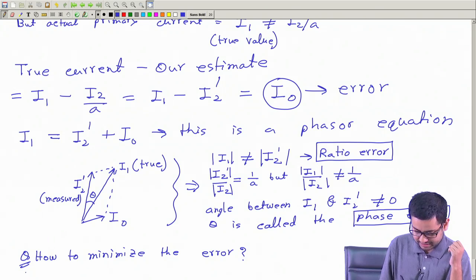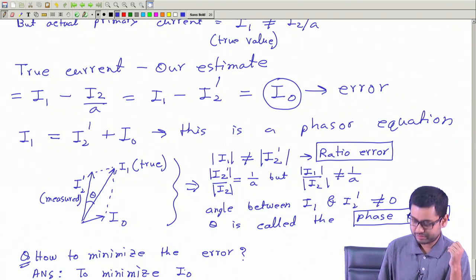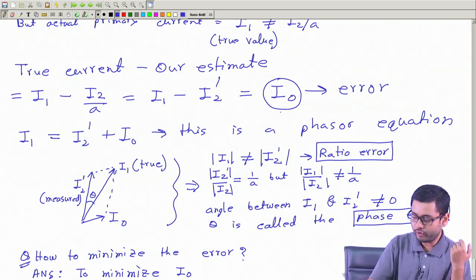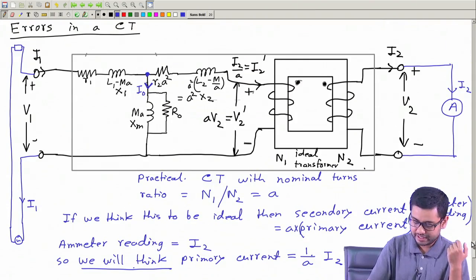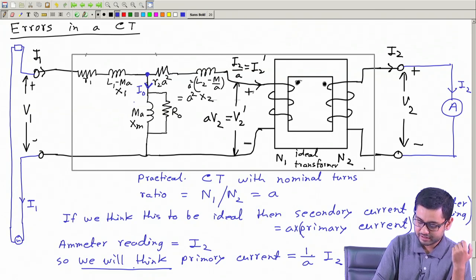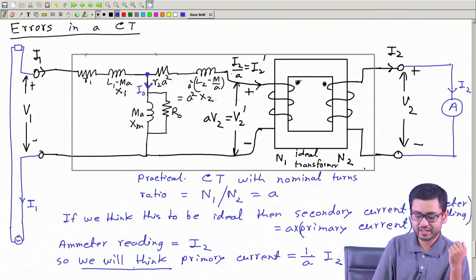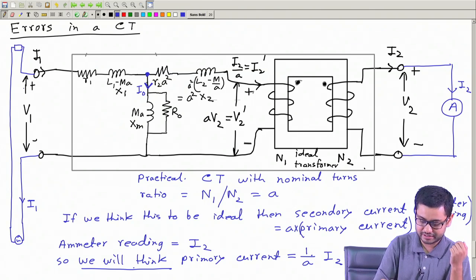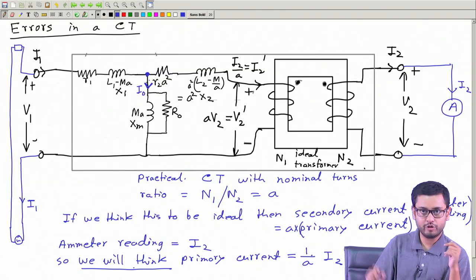The answer is straightforward: minimize or reduce I0. If I0 is 0, then there will be no error. If there is no bypass current, then I1 and I2 prime will be the same. I2 prime is our measured value, and this is the true current. If this is 0, then there will be no error.